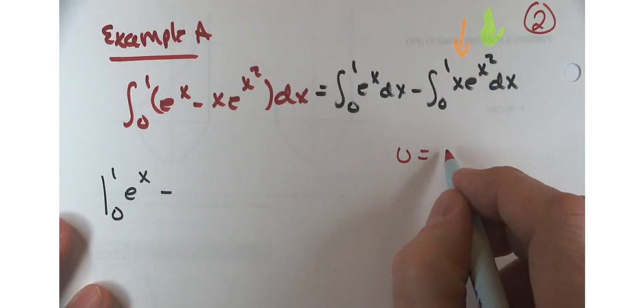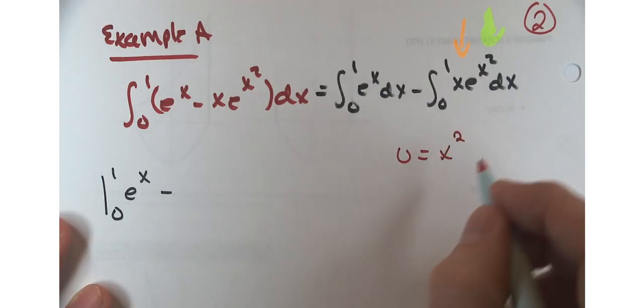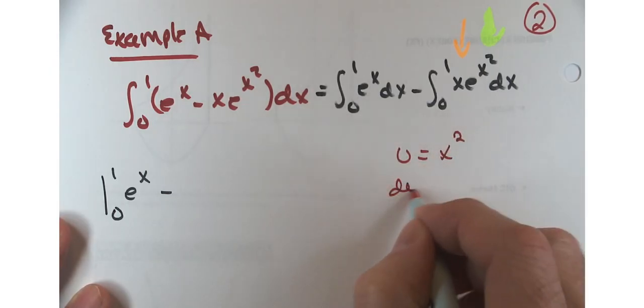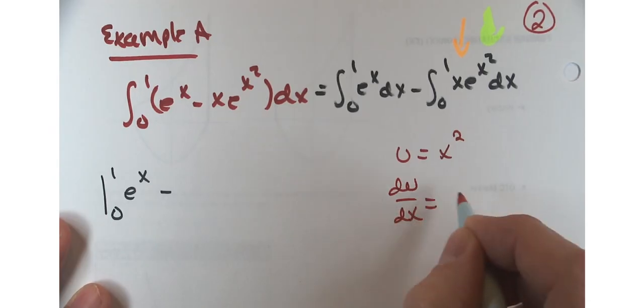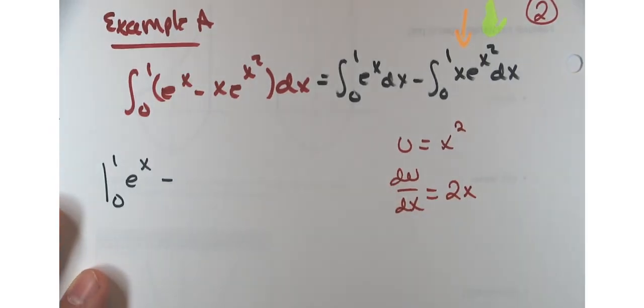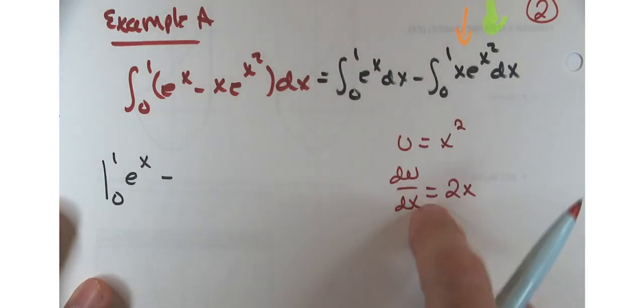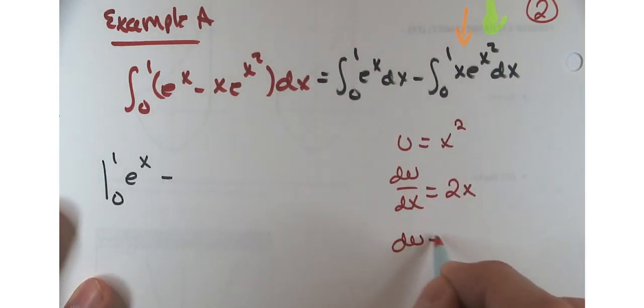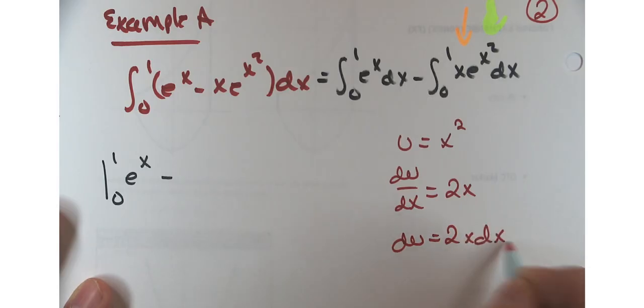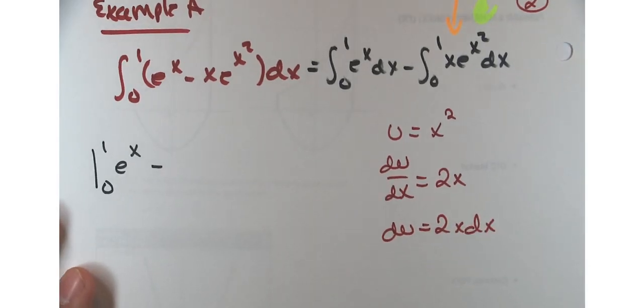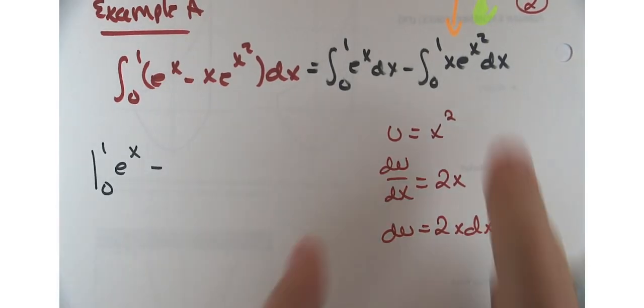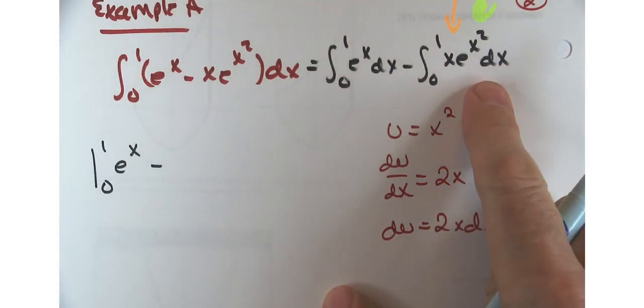So we'll let u equal x squared, and then du by dx equals 2x. Now, a lot of you would probably just jump right away, skip this step, and write du equals 2x dx, and that's fine. Nothing wrong with that. But that's not quite what I have up here in this integral, is it?